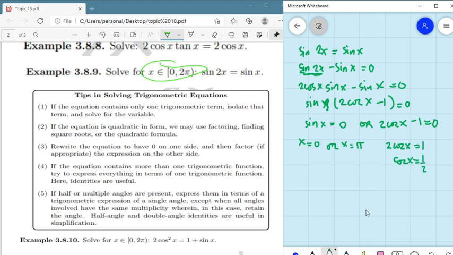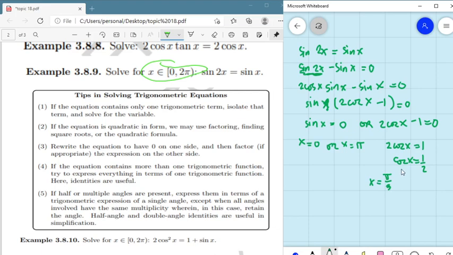Cosine is positive, so it's in quadrant 4 and quadrant 1. So cosine is 1/2 at pi over 3. So x here is pi over 3.